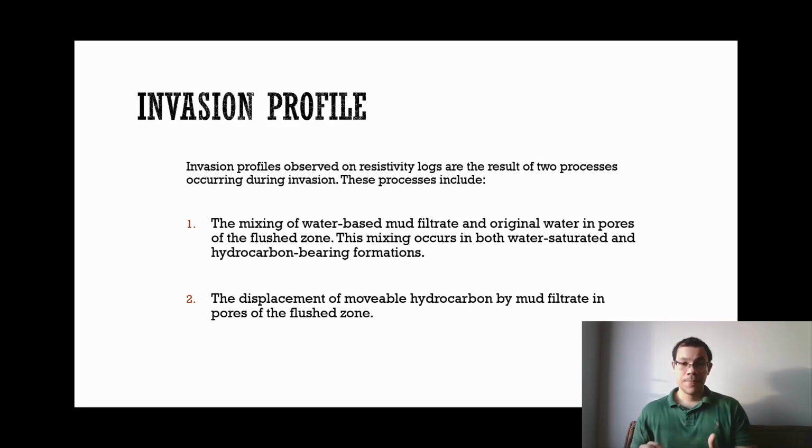This mixing occurs in both water-saturated and hydrocarbon-saturated formations. So mixing is a key word here. The other factor is the displacement of movable hydrocarbons by mud filtrate in pores of the flushed zone. So to understand invasion profiles, keep in mind that mixing is important and displacement is also important.